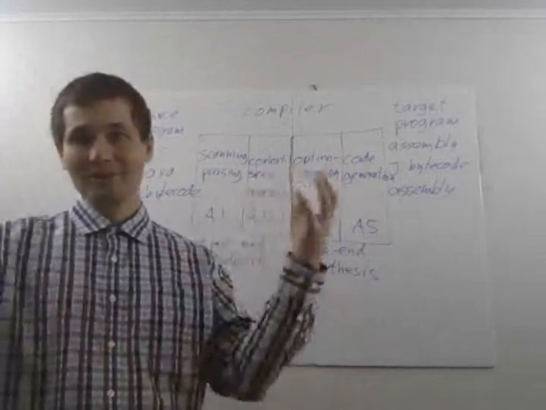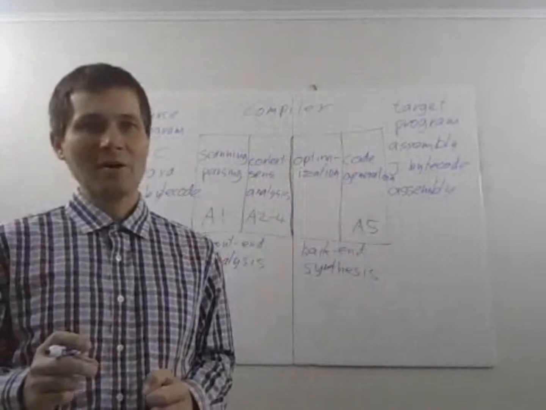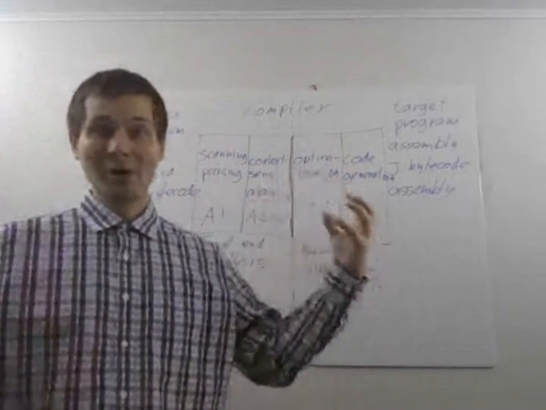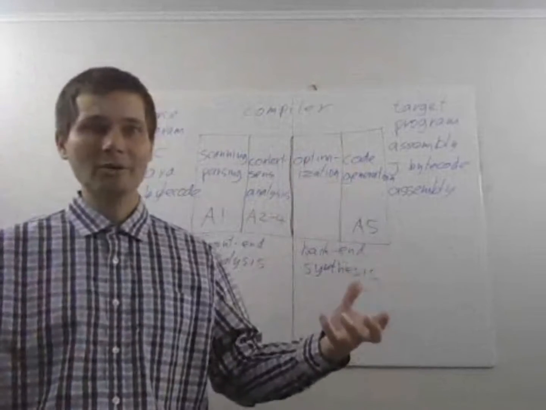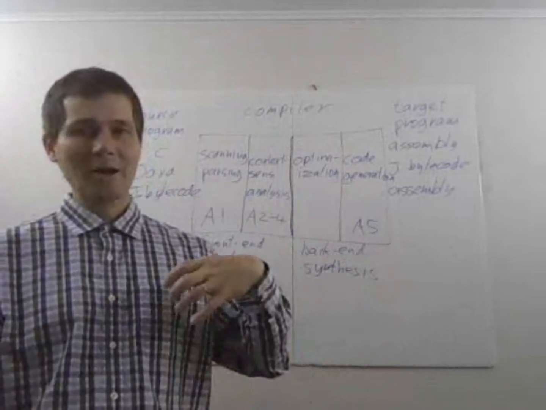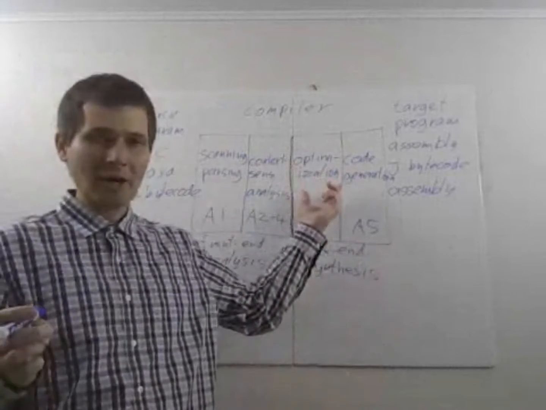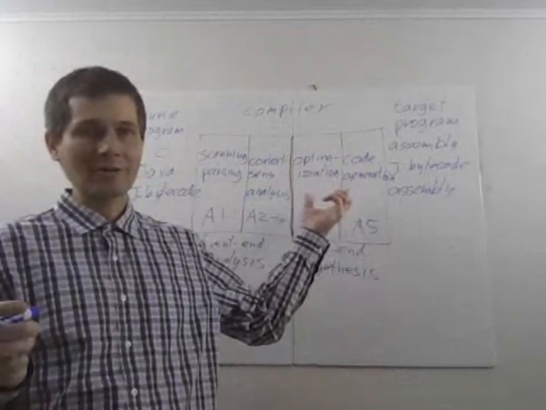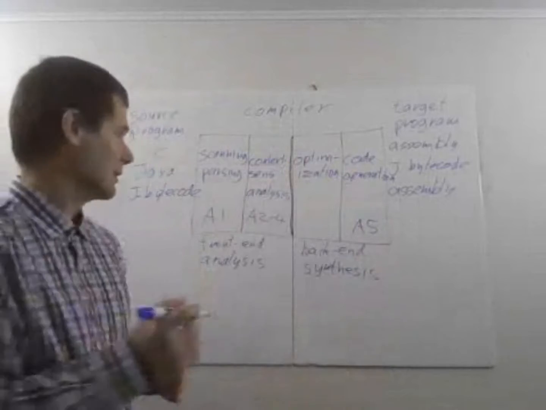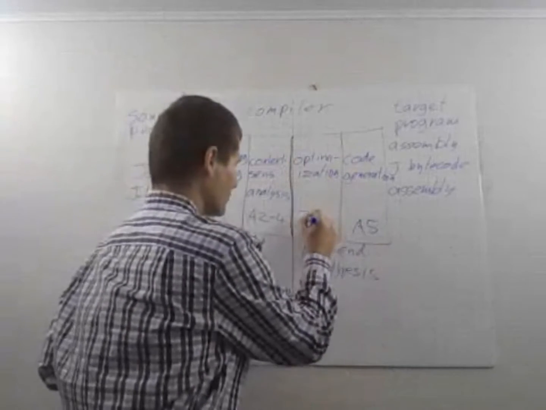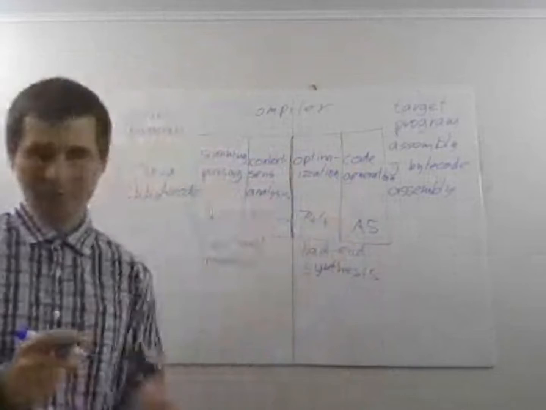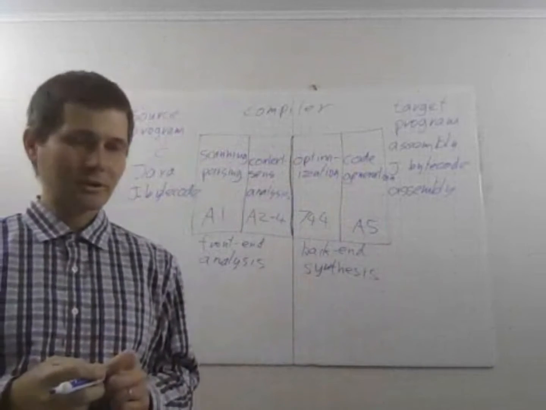And this is a really interesting topic, but there's already a lot in the course. And so we have a separate course that is all about optimizing compilers. It's a grad course, CS444. And so we're not really going to talk much about optimization in this course.